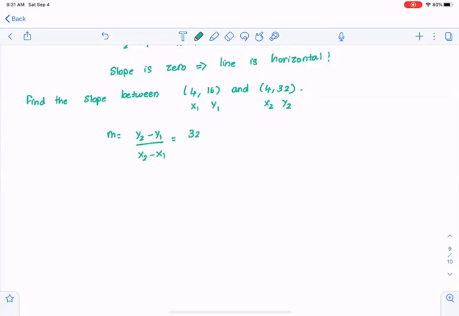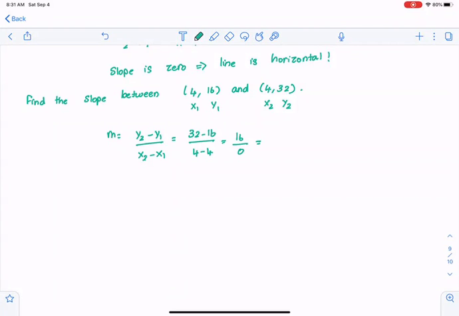So we would have 32 minus 16 divided by 4 minus 4. So 32 minus 16 is 16. 4 minus 4 is 0. But that's not equal to 0. And that's not equal to 16.